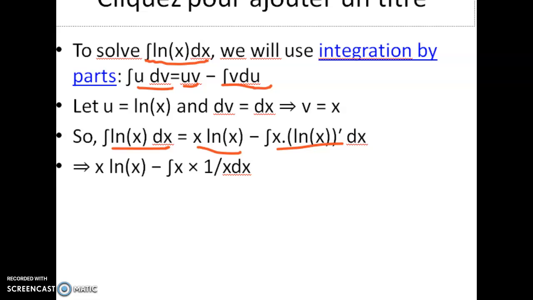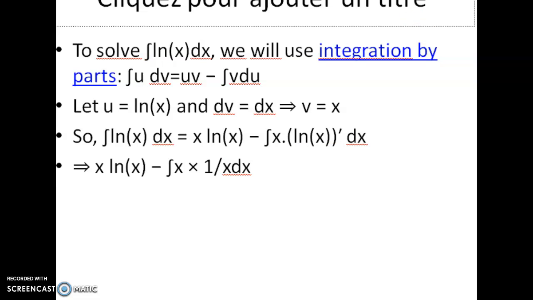So just like this is how we have replaced the ln x integral. This is for the differential dx. Then we simplify, we get x ln x minus the integral of x times the differential of ln x, which is 1 over x dx. X multiplied by 1 over x.